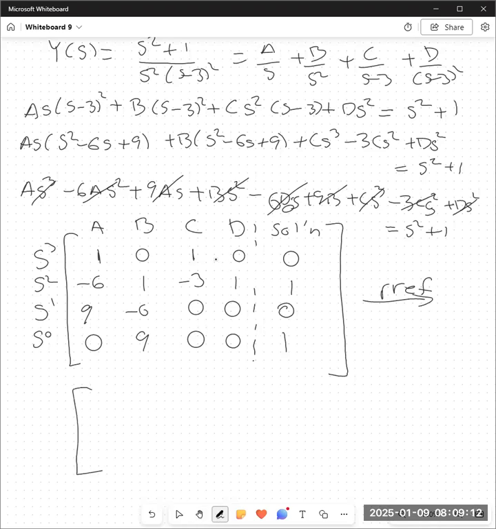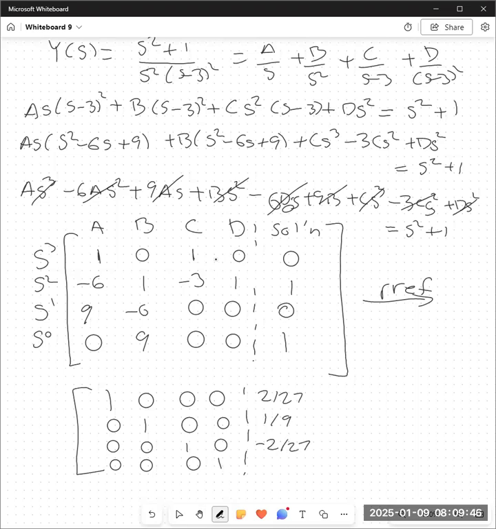And we get the identity matrix, and for a, b, c, and d, I get 2 over 27, and I get 1 over 9, negative 2 over 27, and 10 over 9.